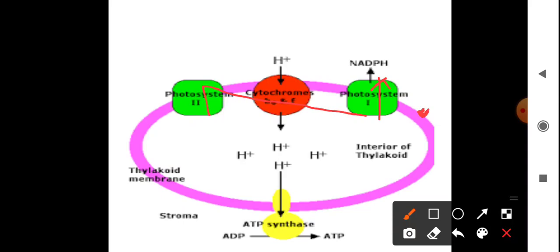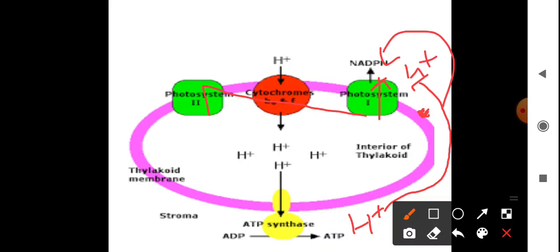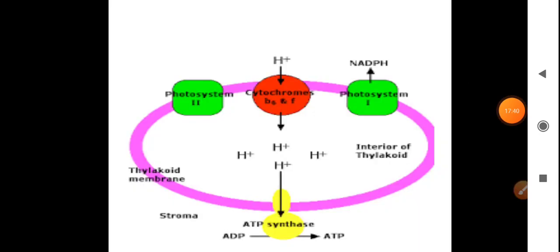Now when these protons pass from the lumen to the stroma, these hydrogen ions, these protons, join here with the pair of electrons, and with the help of the enzyme NADP reductase, NADPH forms. This is how in actuality ATP and NADPH, the reducing power, are formed in the chemiosmosis hypothesis.